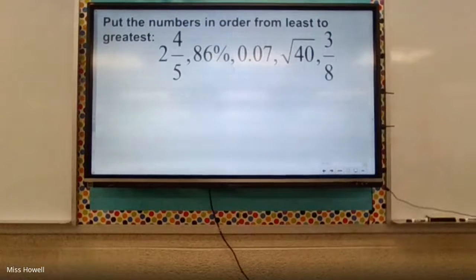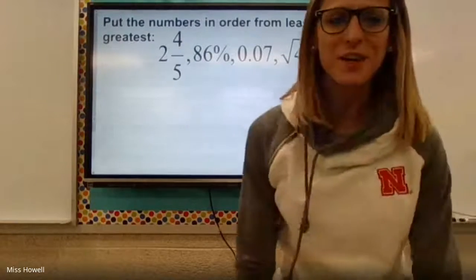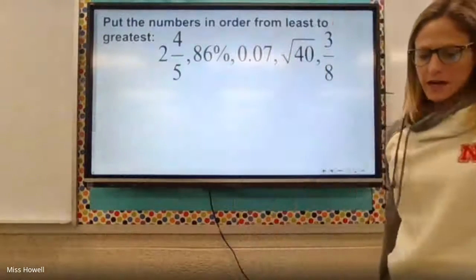All right, you try this last one. 2 4/5, 86%, 0.07, square root of 40, and 3/8. Hit pause if you need. All right, hopefully you're unpaused and ready to go.